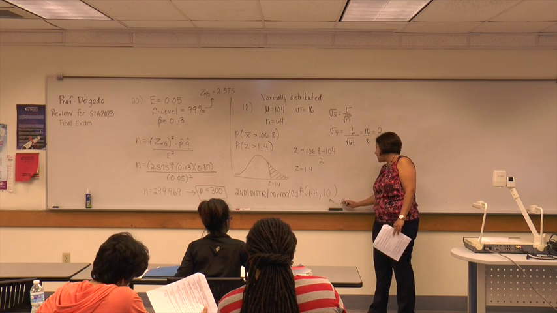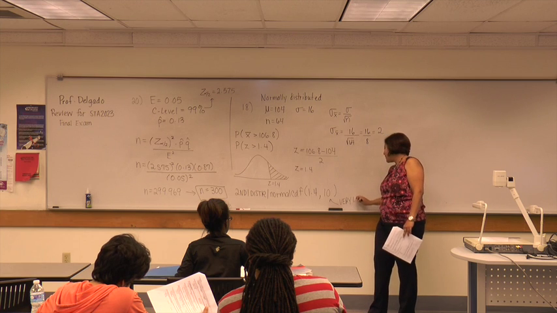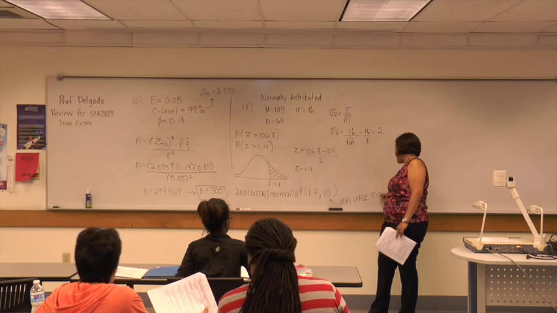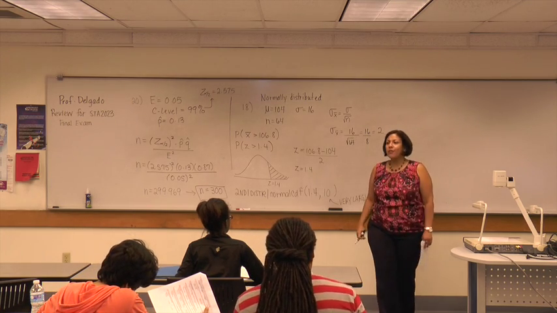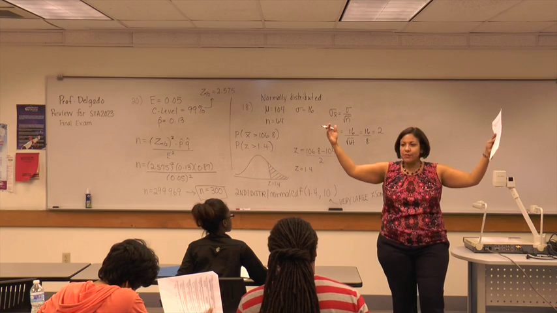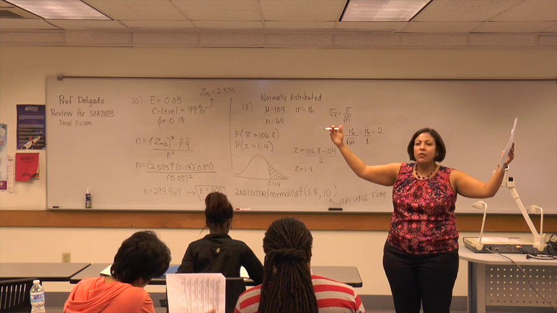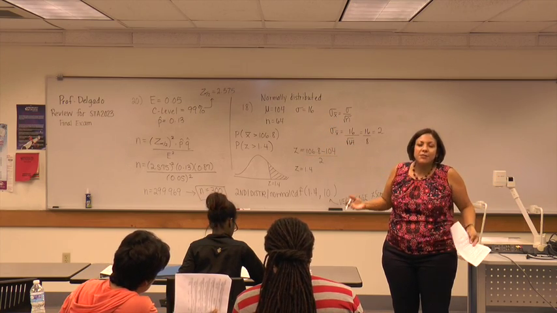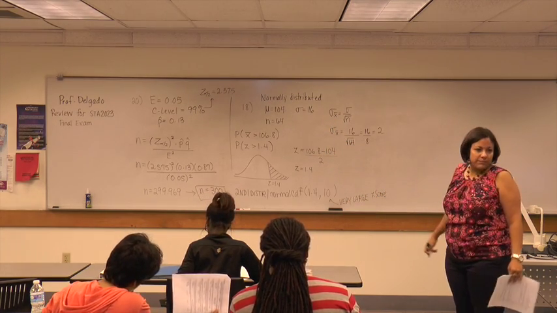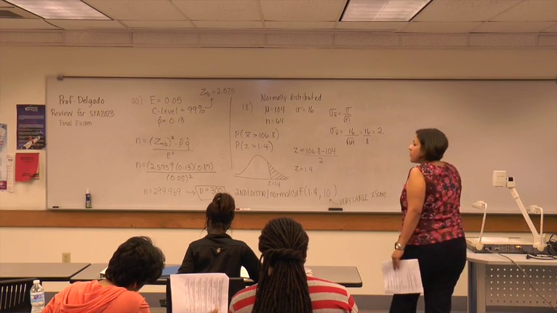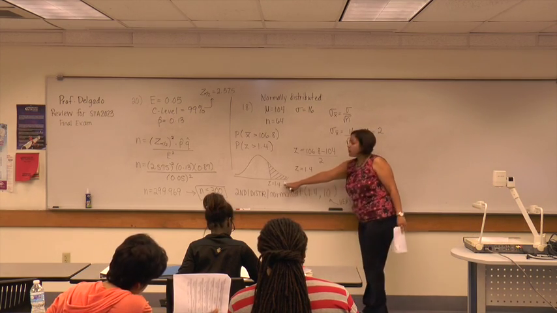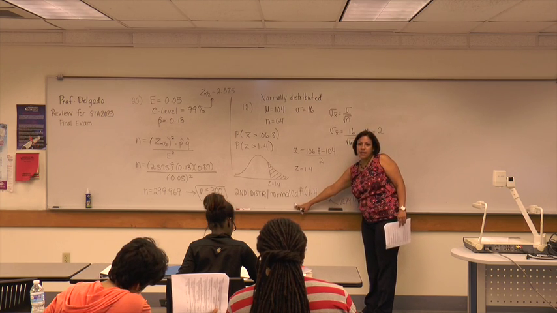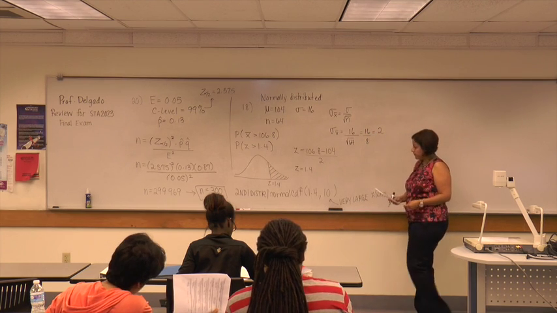You remember the empirical rule? 99.7% of your data in a normal distribution is within 3 standard deviations. So anything above 3 standard deviations is already extreme. If you go up to 10, that should do it. Either way, whether you're using the table and subtracting the table entry from 1, or using the normal CDF command, you should come up with the same answer.